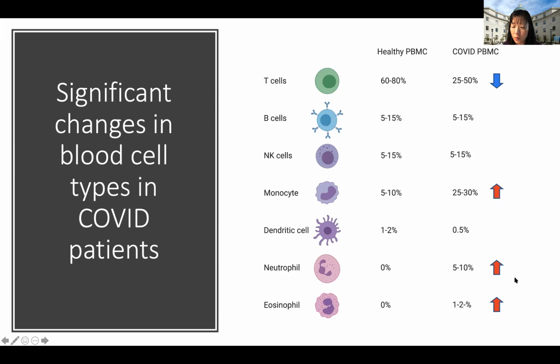So overall, we saw differences in the composition of the peripheral blood mononuclear cell types in COVID patients.